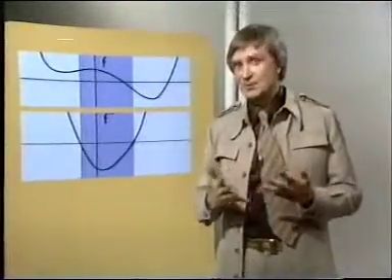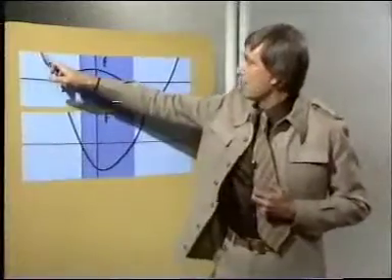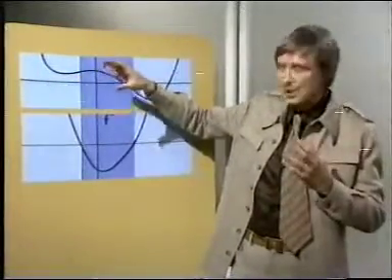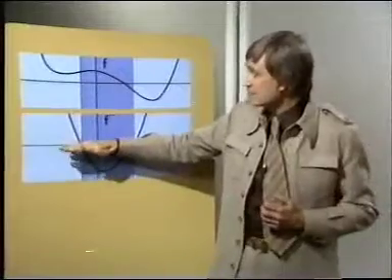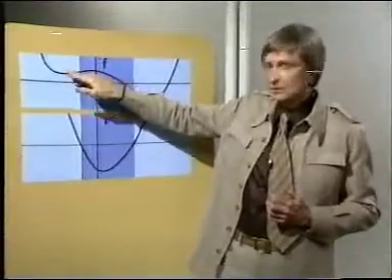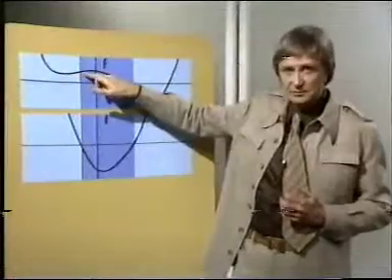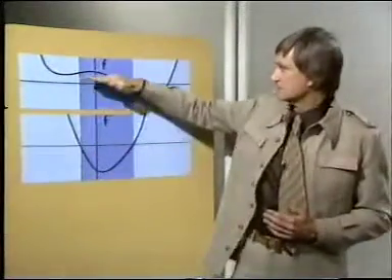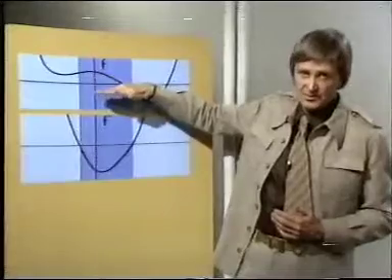Now, how are you going to remember those two facts? Well, there's a simple way. Think of the portion of the graph as being a bowl holding water. When the second derivative is positive, the water stays in the bowl, and so the graph is concave upward. When the second derivative is negative, here's our bowl, the water falls out of the bowl.